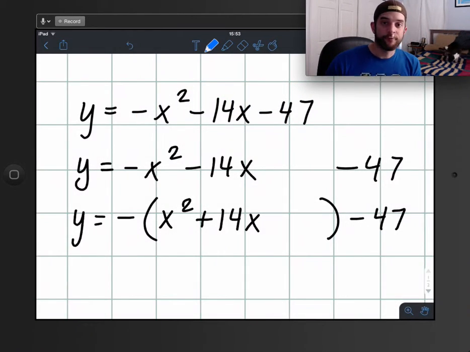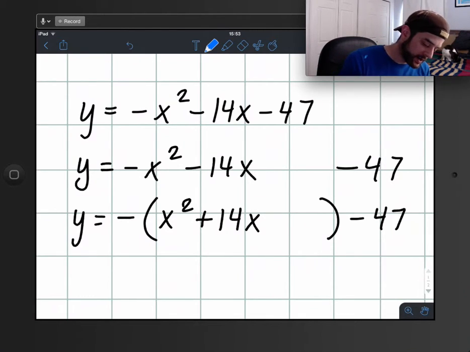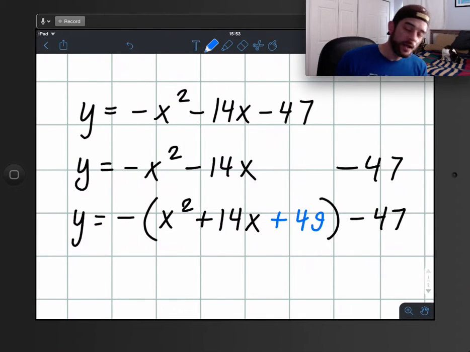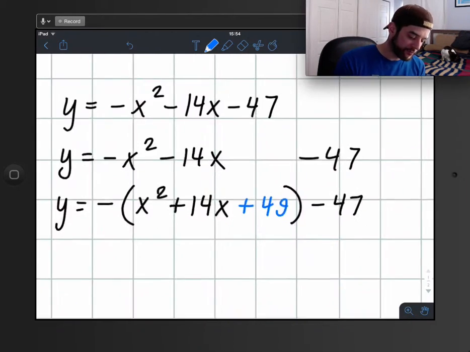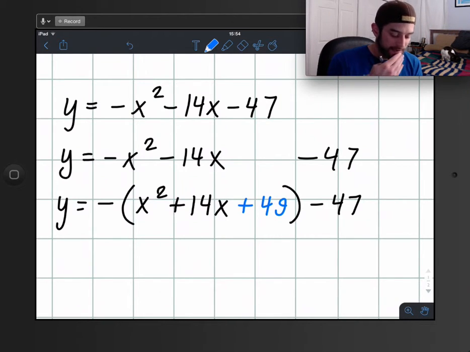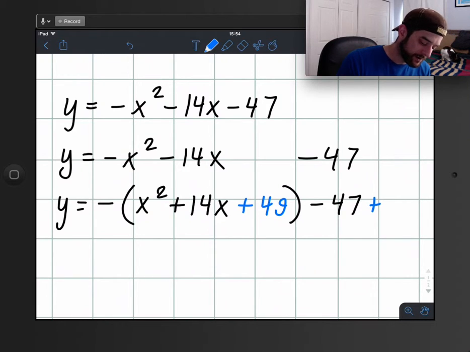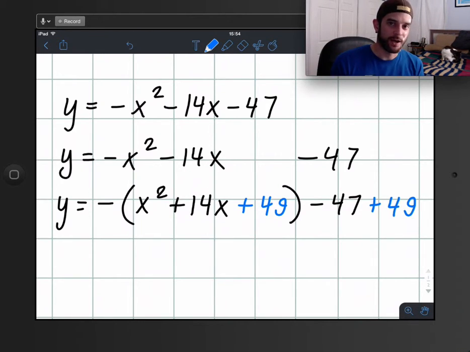And I take half of 14, which is 7, squared to get 49. I added 49 inside the group, but if you take into account the leading coefficient that I factored out, I actually added a negative 49. So I have to add a positive 49.